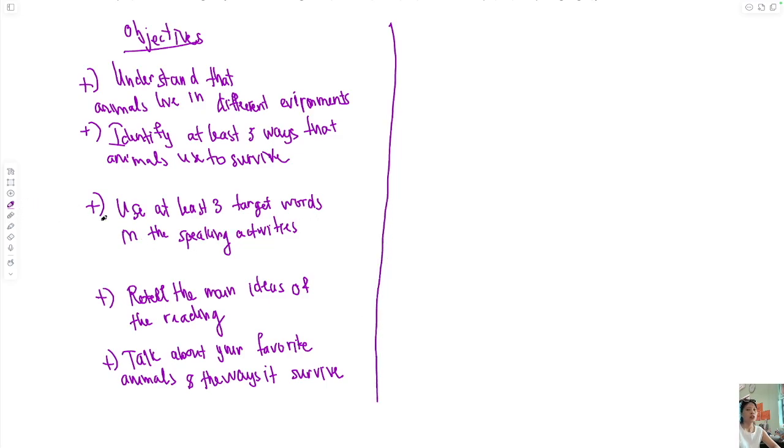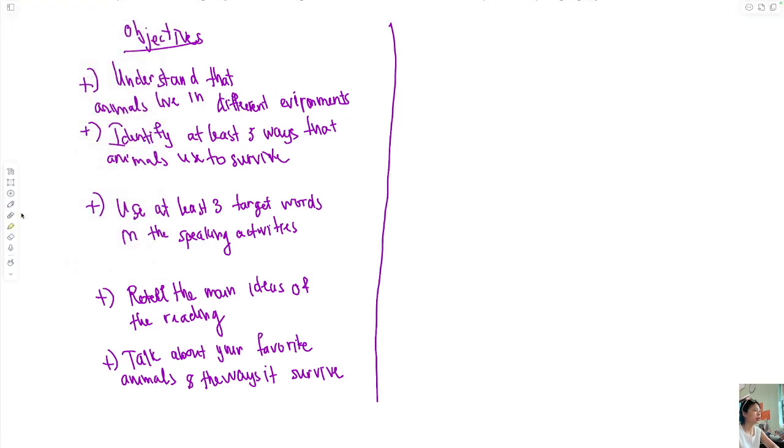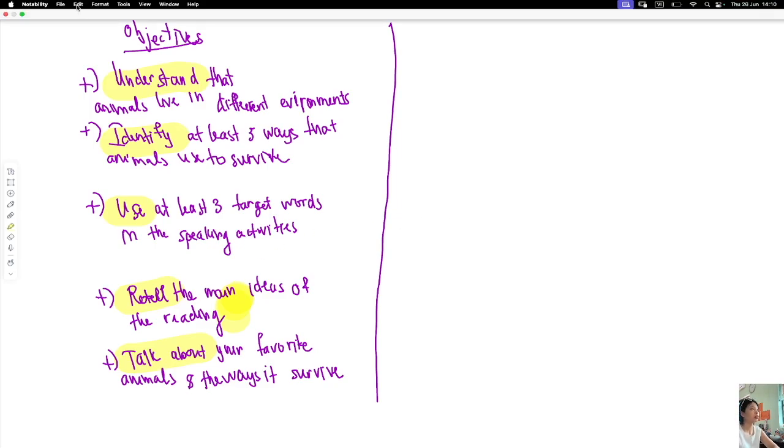Looking at the objectives, I expect to highlight the words understand, identify, use, retell, and talk about. Actually, the fourth one is like a summarizing skill, actually.